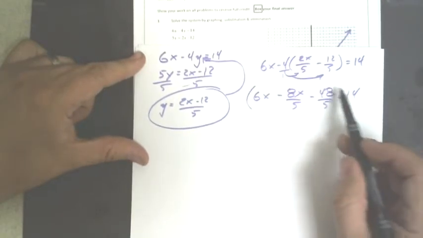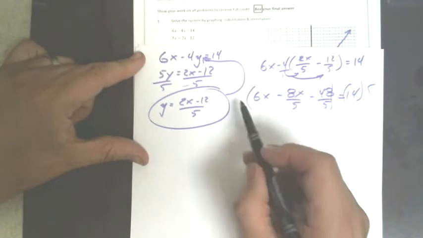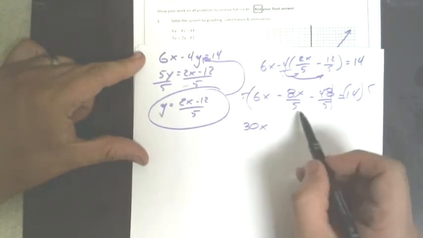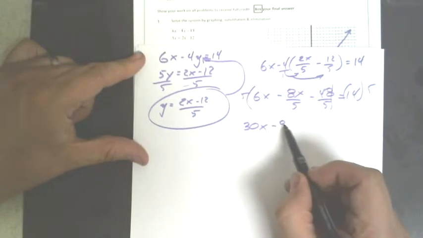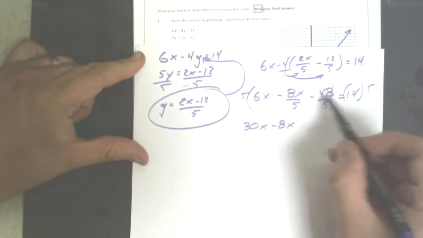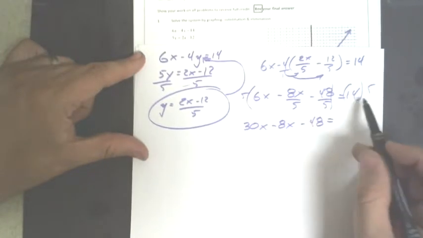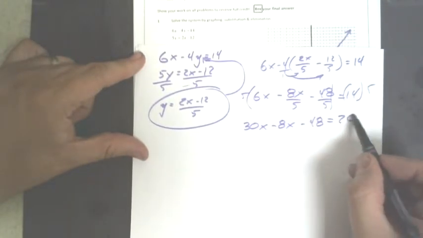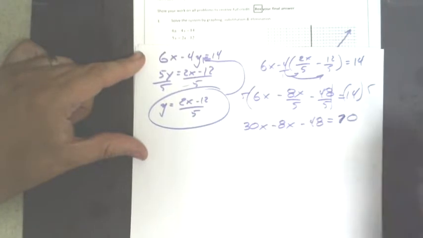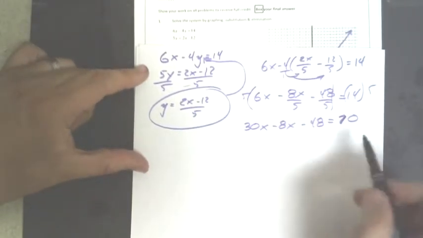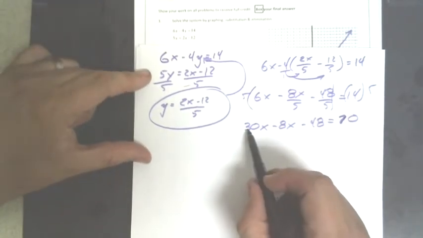I don't like those 5s, so I'm going to multiply everything by 5. 5 times 6 is 30x. 5 times 8 fifths is 8x. 5 times 48 fifths, the 5s cancel. So 48 equals 50 plus 20, so 70. Clearing fractions, hopefully you remember that technique. Very handy technique.